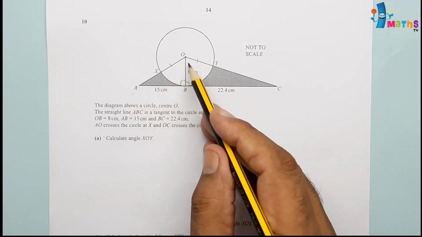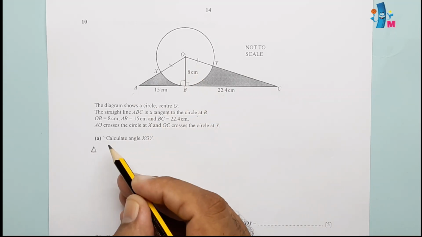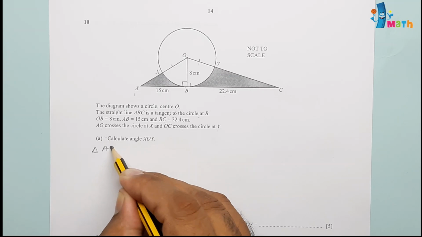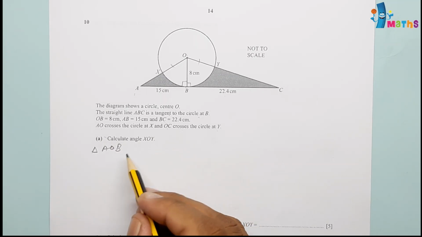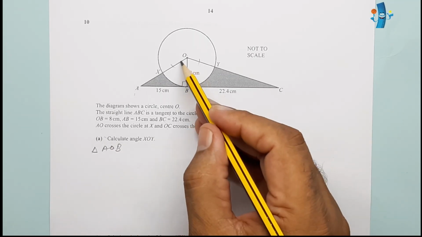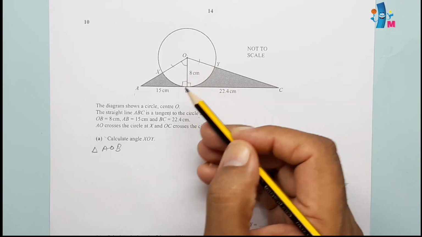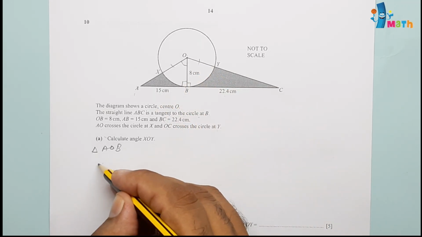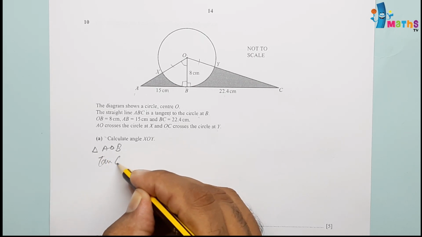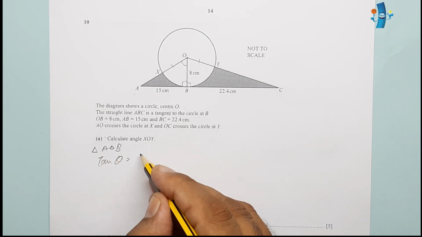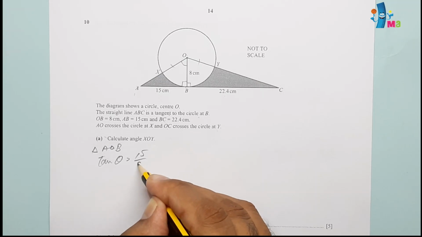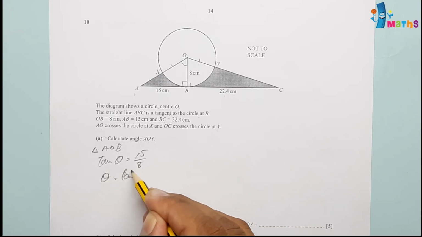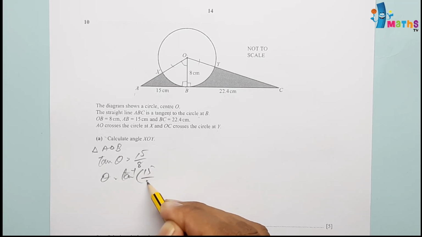So we have two triangles. In triangle AOB, we can take tan of this angle. So tan theta will be equal to 15 by 8. So theta will be equal to tan inverse 15 over 8.